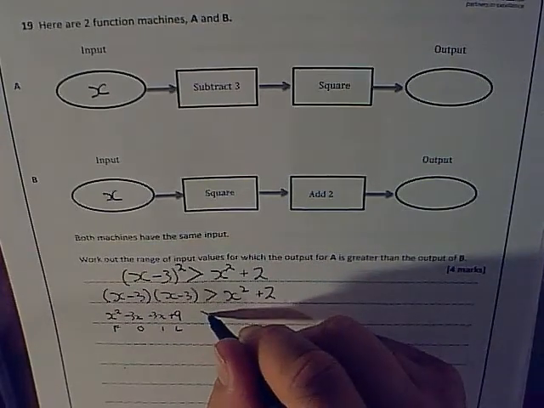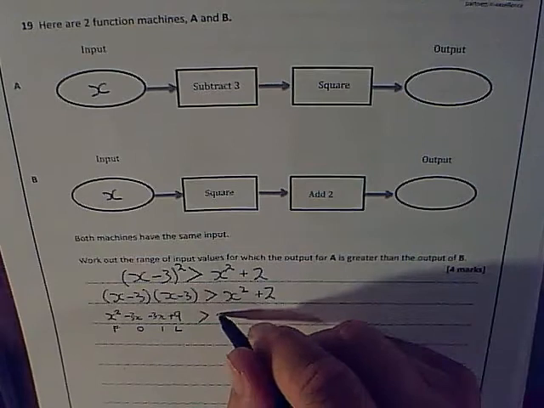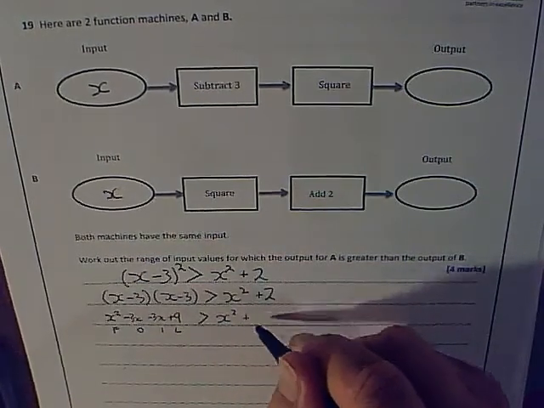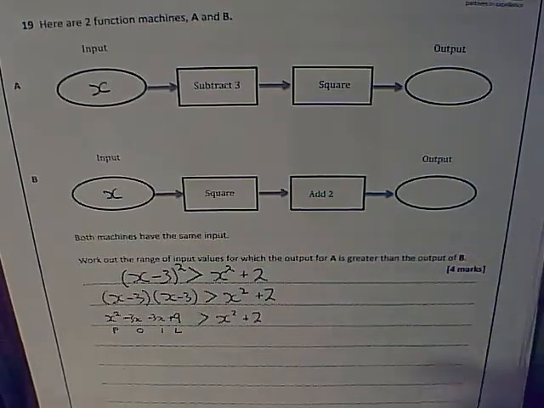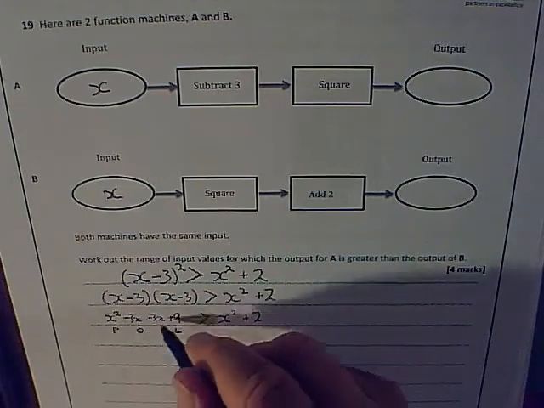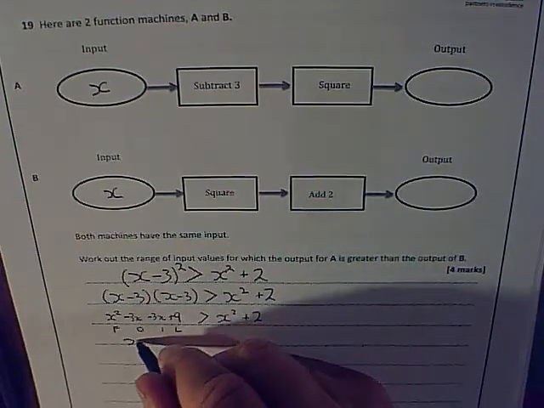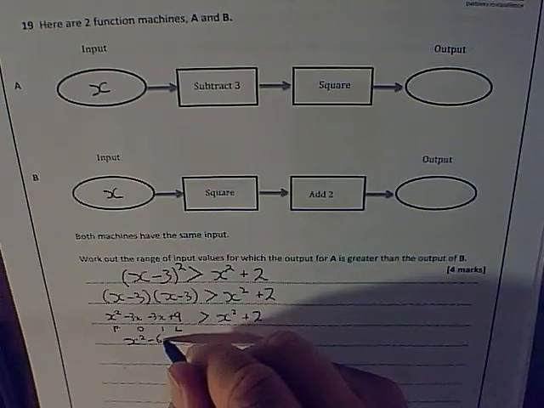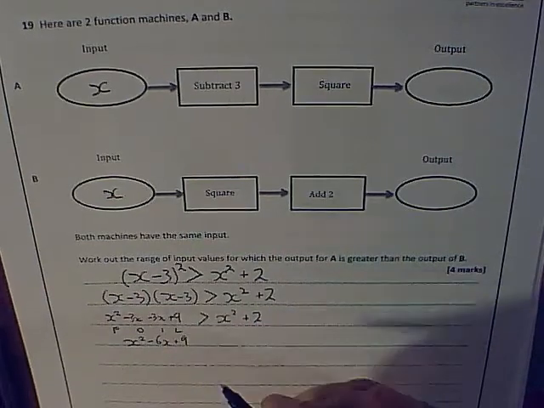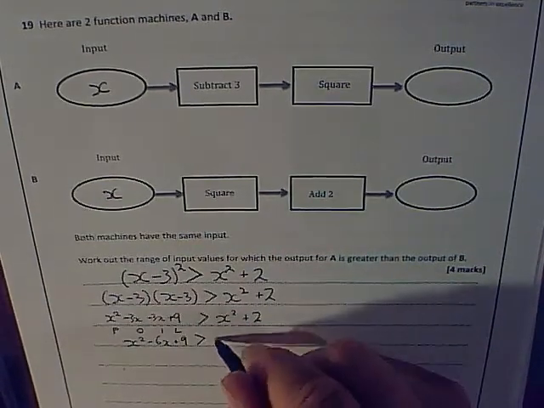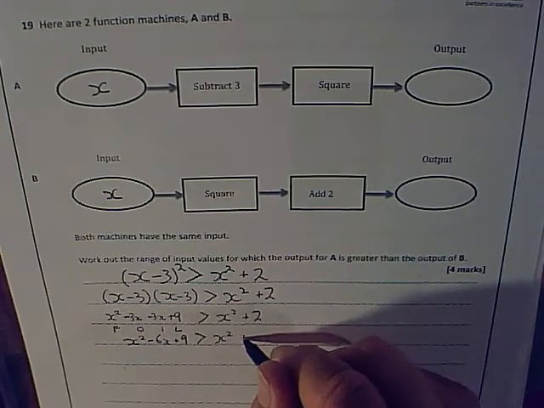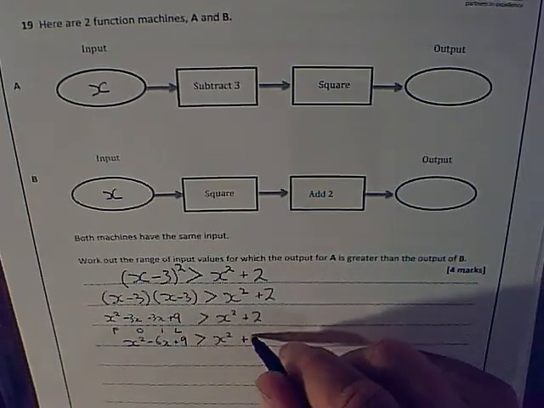So that is greater than x squared plus 2. Collecting like terms, x squared minus 6x plus 9 is greater than x squared plus 2.